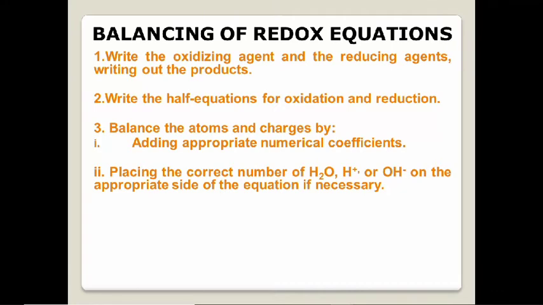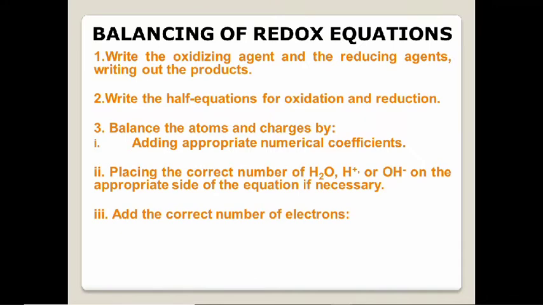Where you have a deficiency in oxygen atoms, you need to supplement it by adding H2O, that's the water molecule. Then the H+ will be added, that is the hydrogen ion will be added in an acidic medium, while the hydroxide ion will be added in a basic medium in order to balance the number of hydrogen atoms.